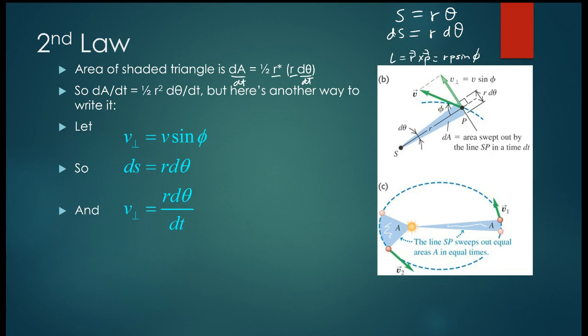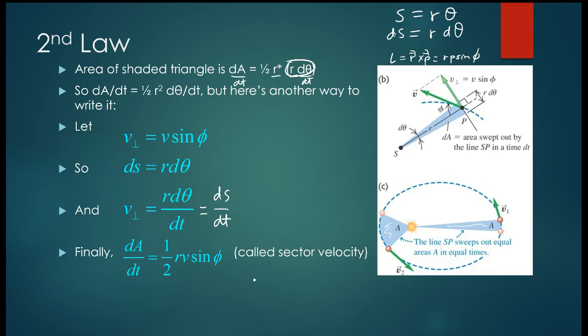So another way to write this is that v perpendicular is equal to ds/dt. Okay, so that's another way to write this perpendicular velocity here. And the reason that we bring this up is because we have an r d theta/dt up here. Okay, so another way to write dA/dt is to say that it's equal to 1/2 r v sine phi.